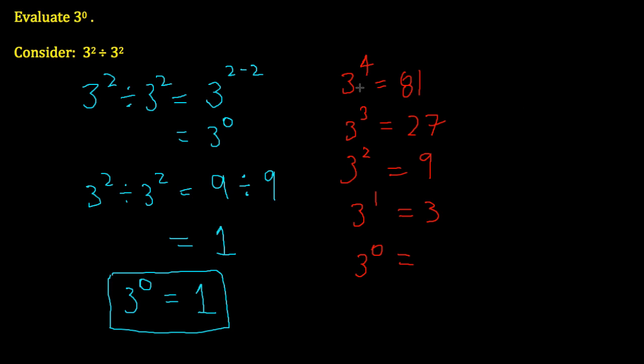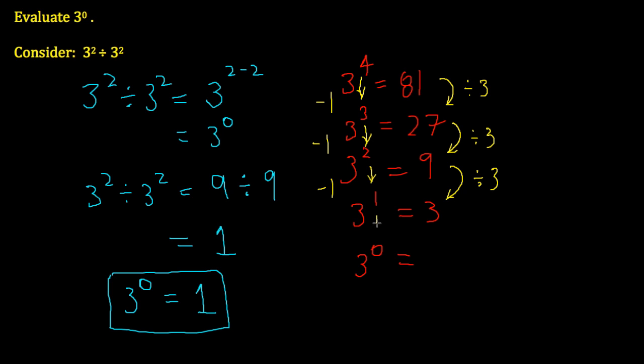As I drop my powers from 3 to the exponent 4 to 3 to the exponent 3, I've dropped the exponent by 1. So I've taken 1 off the exponent. Again, as I drop down, I take off 1 from the exponent. Watch what happens here. This is divided by 3. 81 divided by 3 gives me 27. 27 divided by 3 gives me 9. 9 divided by 3 gives me 3.